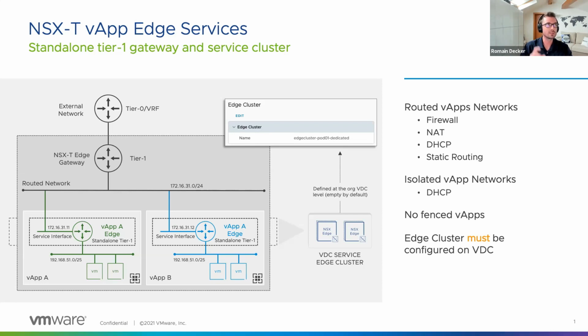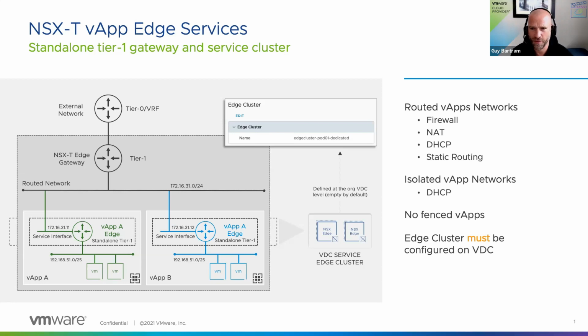It's high enough, but what's more relevant is the maximum number of T1s or standalone T1s, because a specific T1, so that vApp A edge, the green one, will only be connected to one org VDC network, so it will only have one service interface. But the total number of service interfaces in NSX-T is important, but it's a few thousands if I remember correctly. Okay, so that's fine. Just good to know. That's pretty comprehensive.